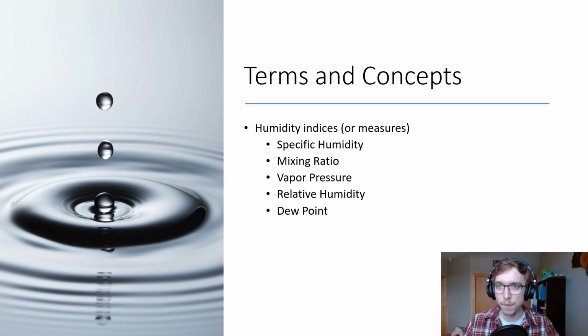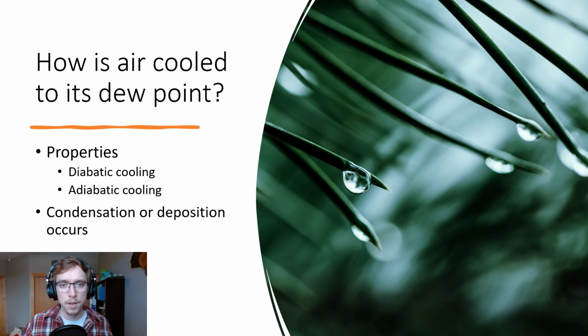Now this video is going to focus, as I said, on adiabatic processes. Now there are two different forms of processes here at work that correspond to how air is cooled to its dew point: diabatic processes and adiabatic processes. Through these processes, condensation or deposition occurs. Diabatic processes are any temperature change of air that is not related to its adiabatic vertical displacement.